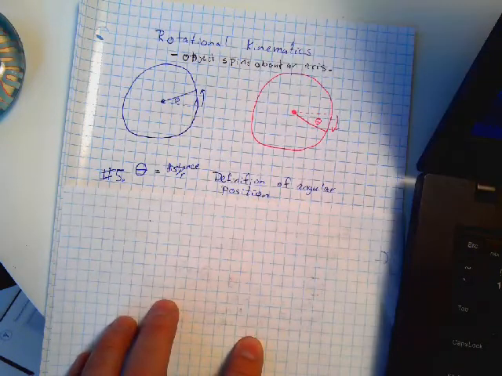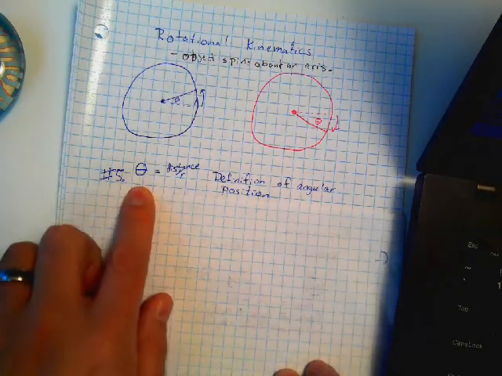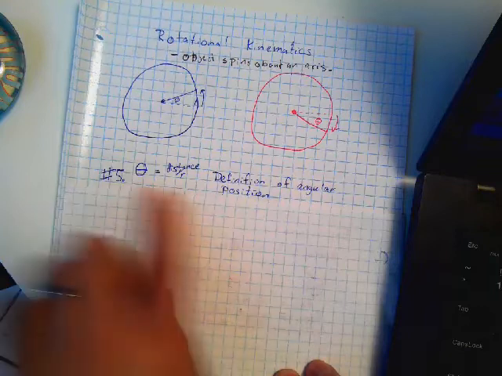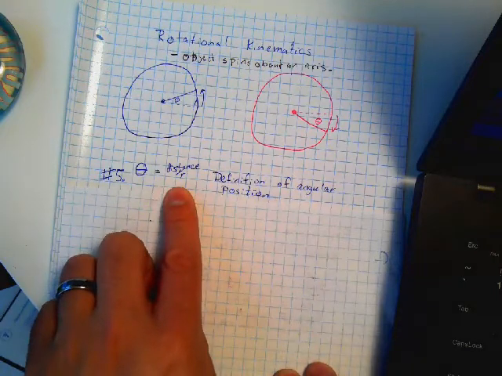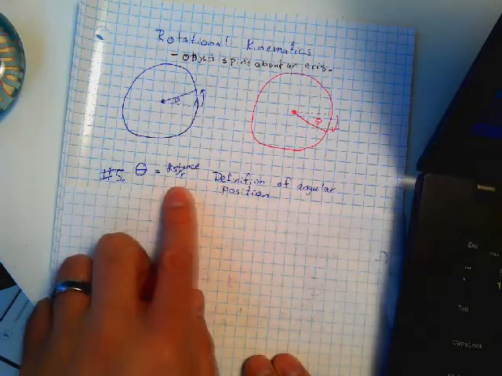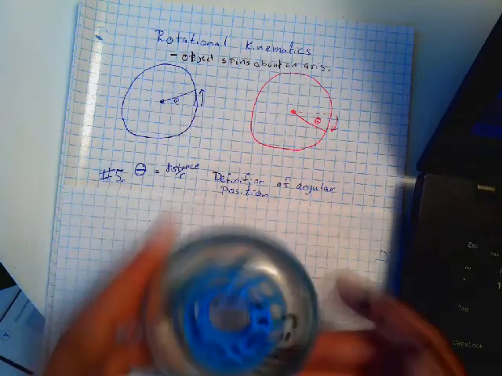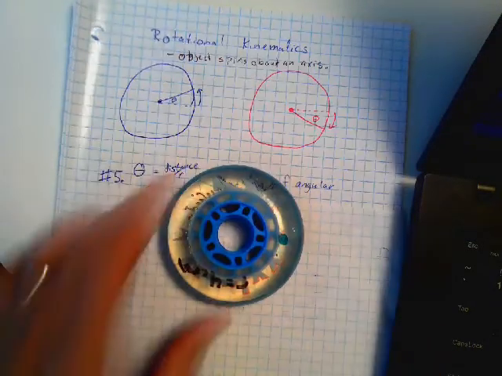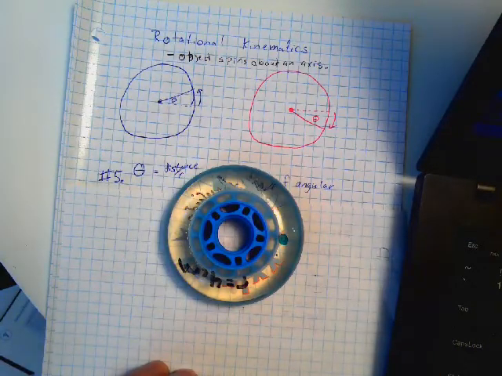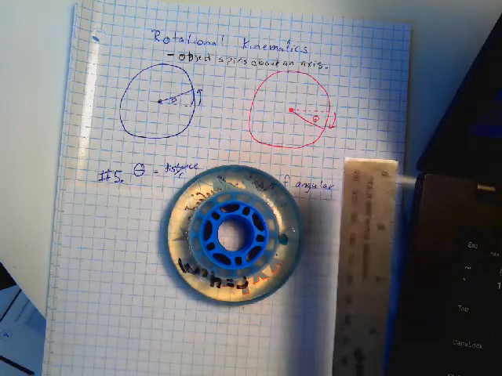Number 5 is going to be the definition of angular position. So when we talk about angular position, we're going to talk about it in terms of theta, and that's going to be the distance that the object has rotated or rolled divided by the radius of that object. So I've got a 4 centimeter roller hockey wheel here, and I've got a roller. My roller is about 15 centimeters this way.